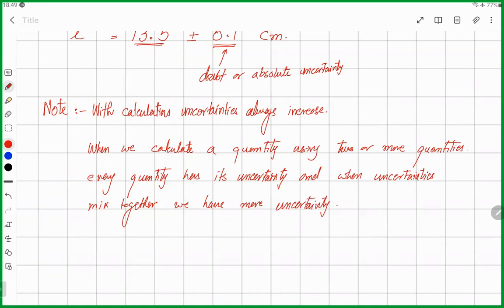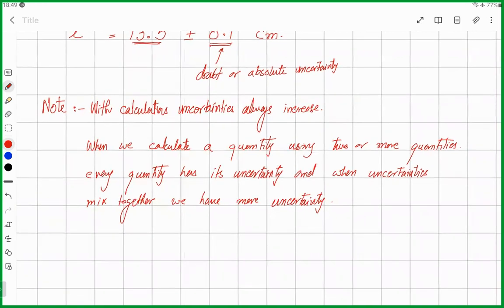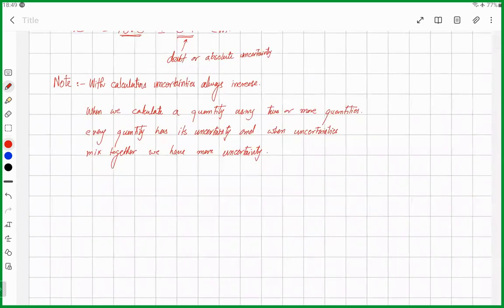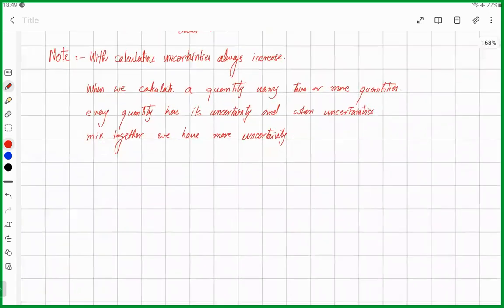So try to understand that whatever we calculate, with calculations, uncertainties always increase when we mix together many quantities.